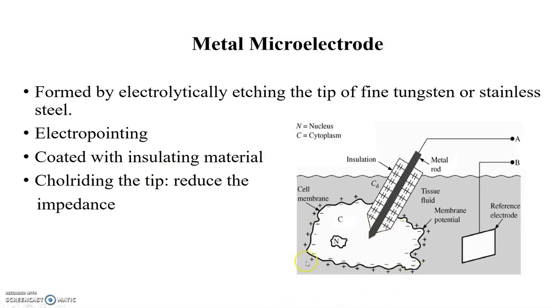This figure shows the electrode with its tip placed within a cell, showing the origin of distributed capacitance. The metal is coated with insulating material, so capacitance is set up between the metal and the extracellular fluid. Here, look at this: this is the distributed capacitance CD. Consider the microelectrode to be a coaxial cylinder capacitance.